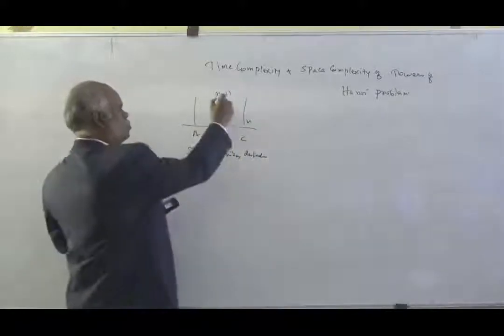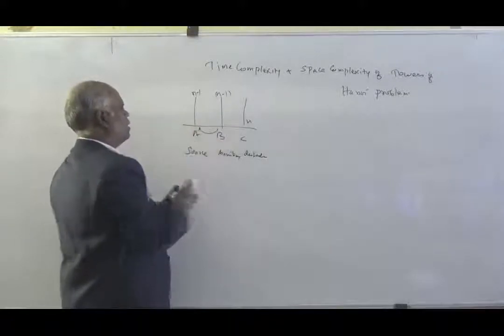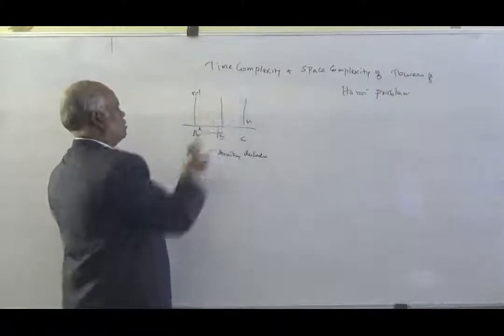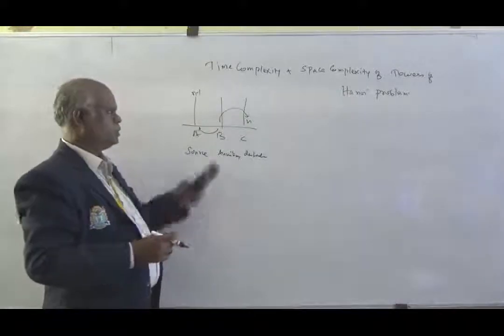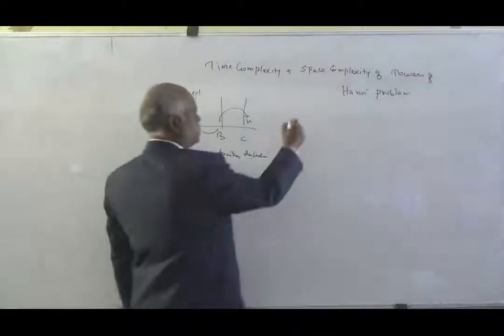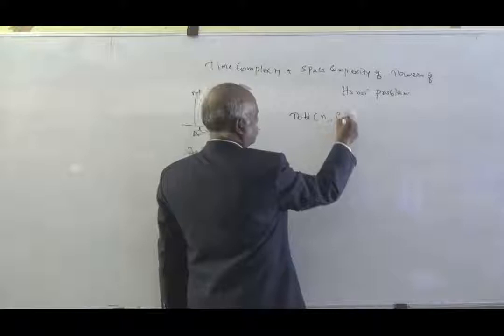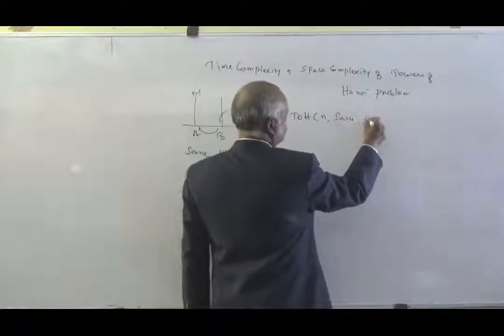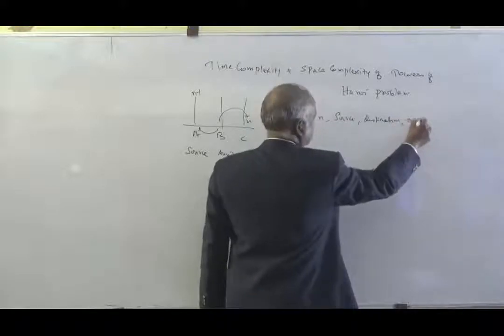Now, we have to move n minus 1 disks from B to A, and the final disk will go to C. So that is the procedure. So how do we write it? Towers of Hanoi, n disks, source to destination using auxiliary.